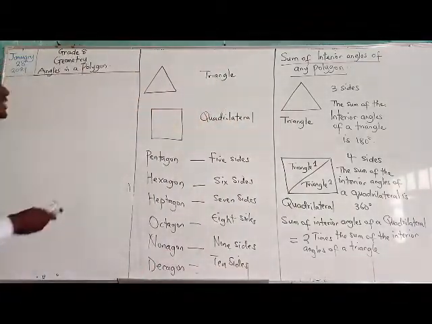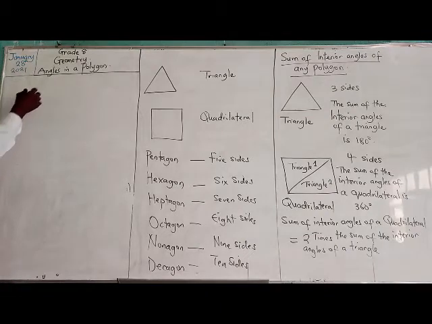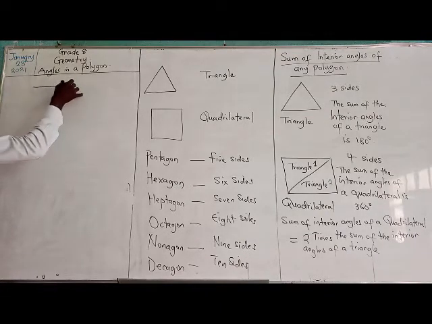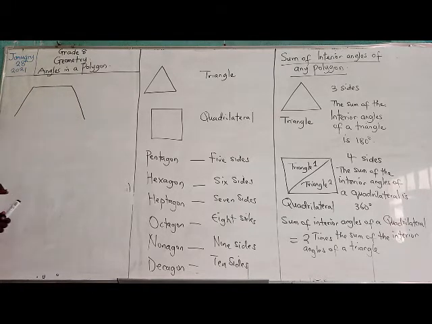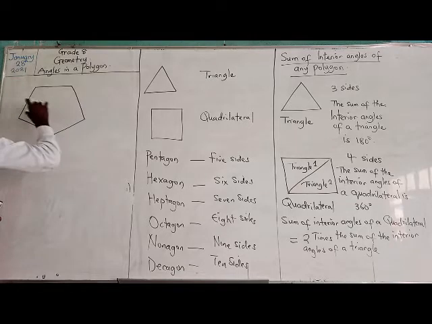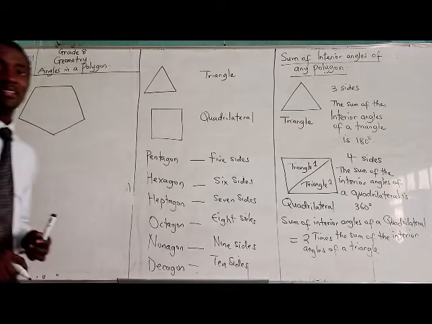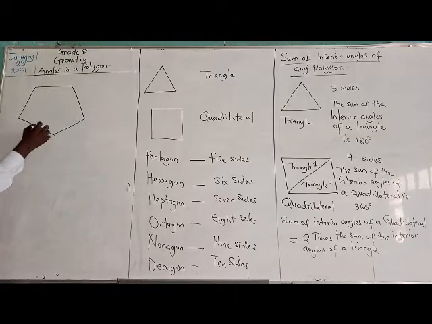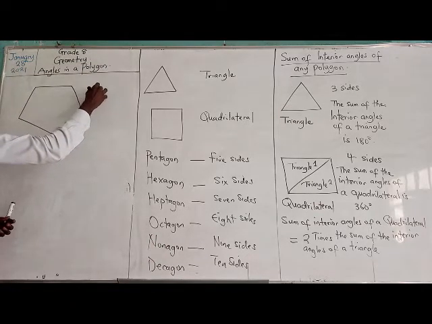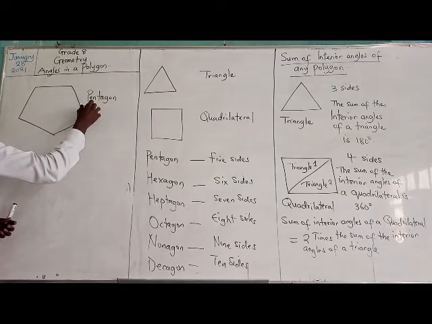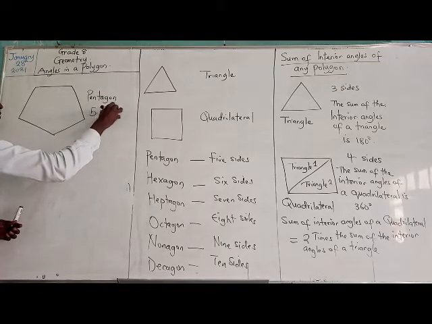Now let's see what a pentagon holds for us. Let's see if we can recognize what a pentagon looks like. Let me see if I can draw a pentagon. So this is what a pentagon would look like. So we'll call this a pentagon. And a pentagon has what? 5 sides.